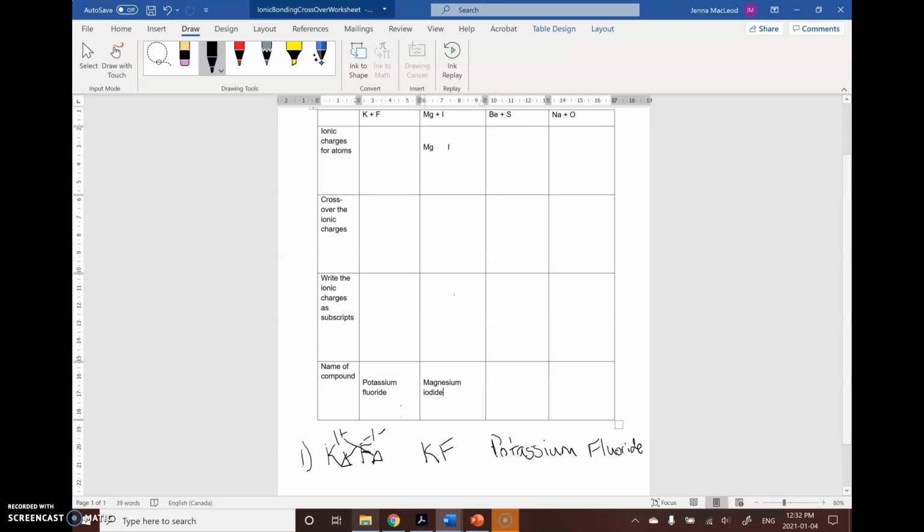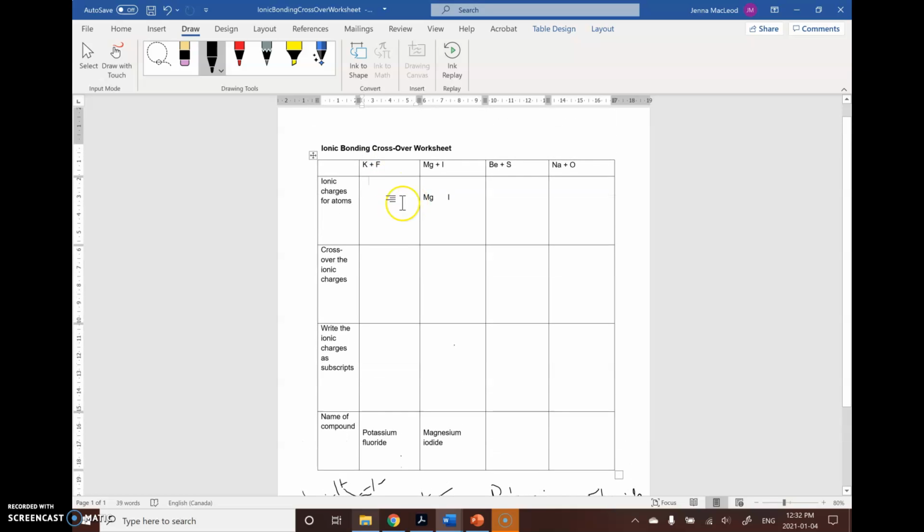You can write this on a piece of paper and then send it to me. That's perfectly fine. You want to write the name of the element. So we're going to go potassium plus fluorine here. You're going to write the K and the F. Then you have to check the charges.